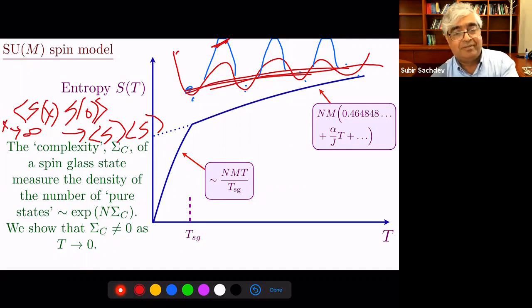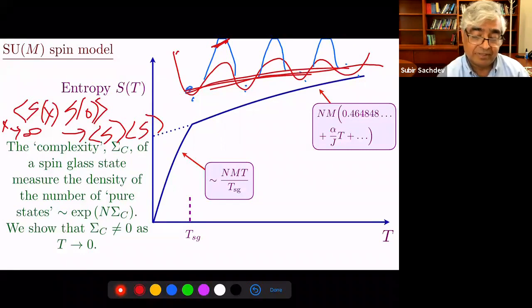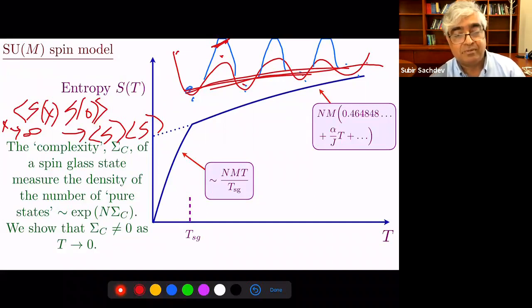You have to definitely take that order of limits. Whereas the spin glass does not. The spin glass, if you define the entropy in that way, when you take the thermodynamic limit, these barriers go to infinity. So you get stuck in one of these regions, and then your entropy vanishes as temperature goes to 0.